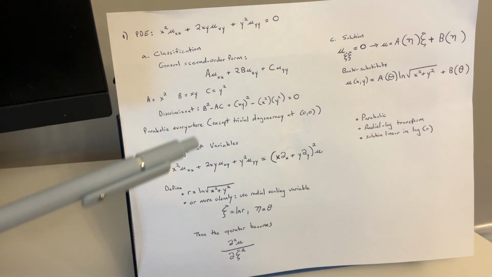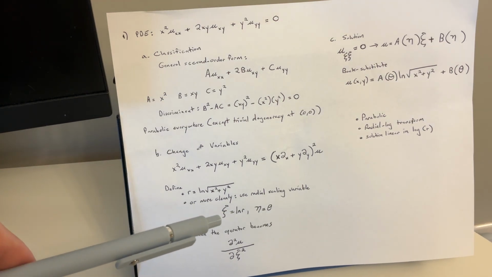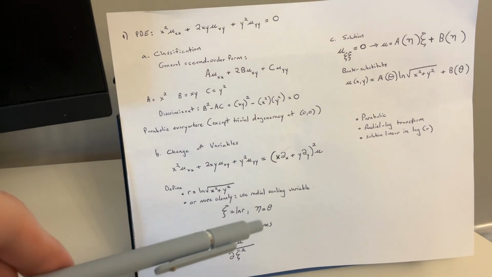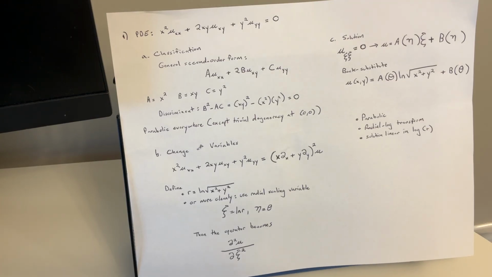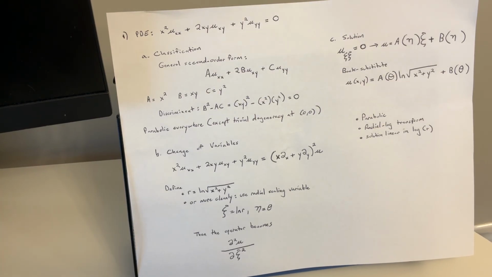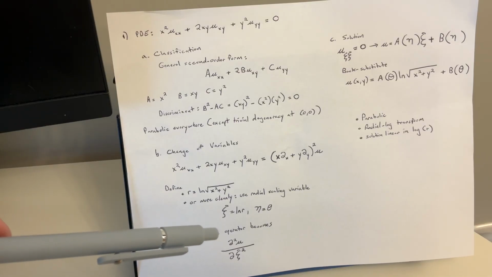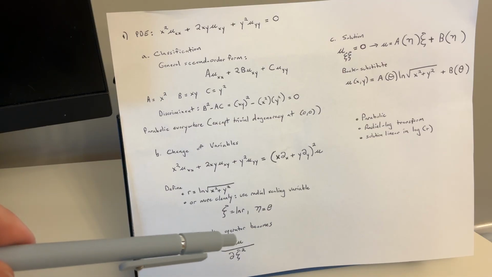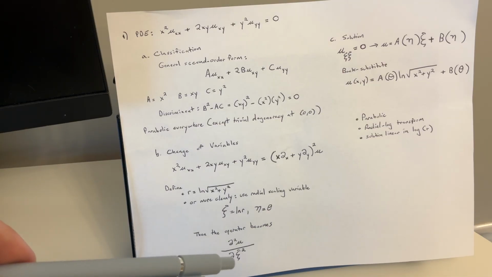Okay, so we have that xi equals natural log of r, and nu equals theta. My apologies, I don't draw the best Greek letters. So then the operator becomes the second derivative of u over d xi. Okay, second derivative here.